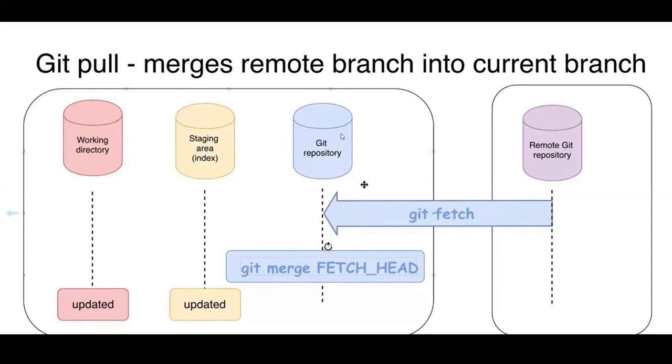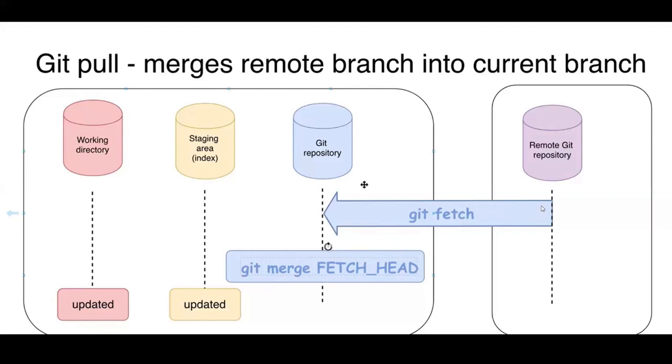Here you can see the basic structure. This process is a combination of two co-processes. The first co-process is git fetch plus git merge.